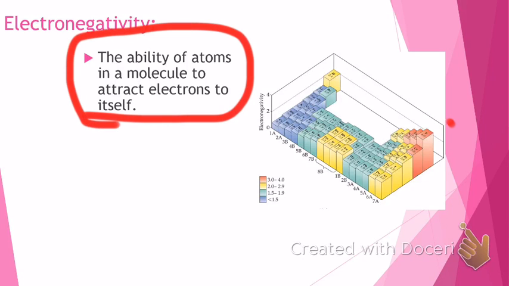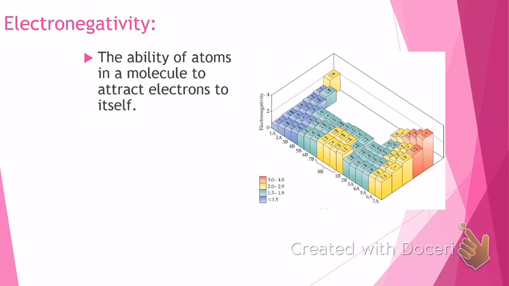If you notice here on the periodic table, it is measured in something called a debye, and fluorine is the most electronegative atom out there. It has 4 debyes, and in general, you can see the closer you get to fluorine, the more electronegative it is.